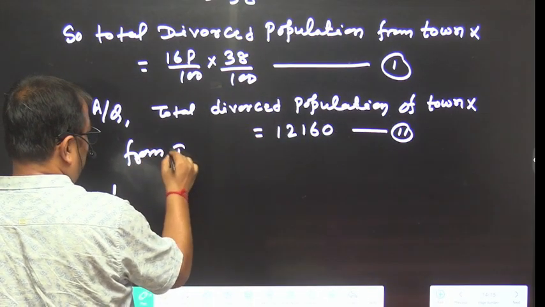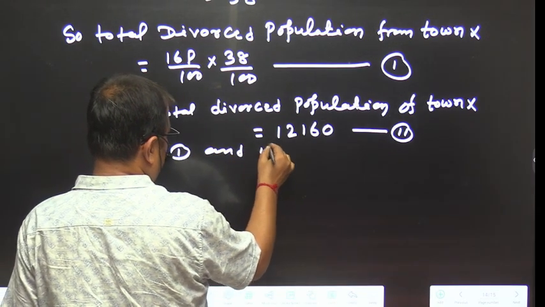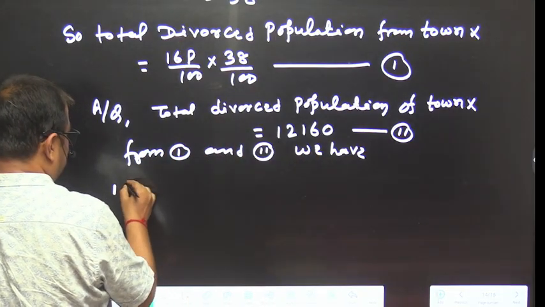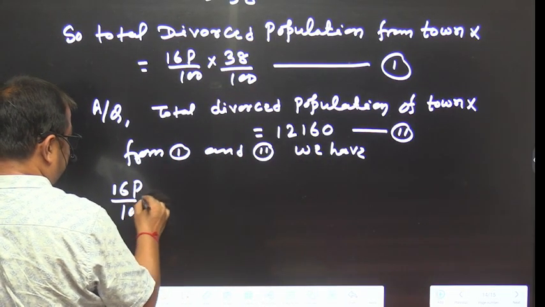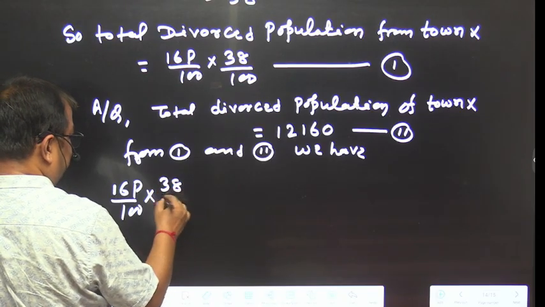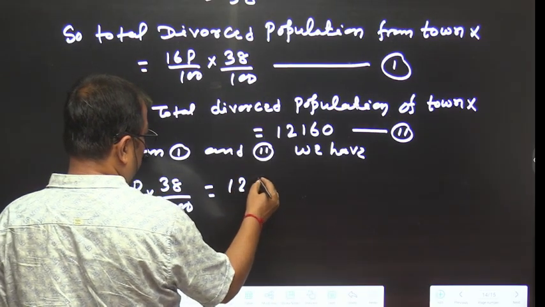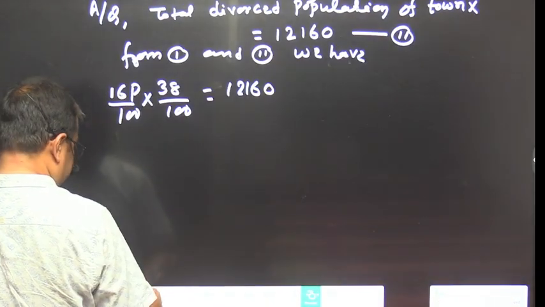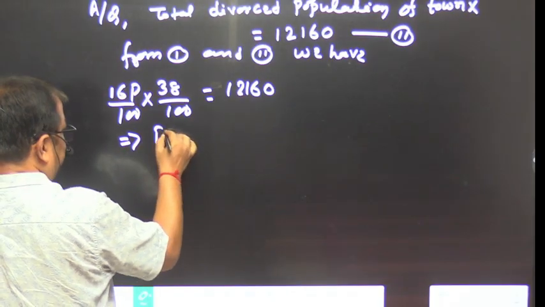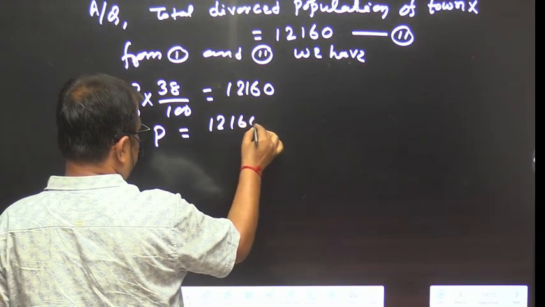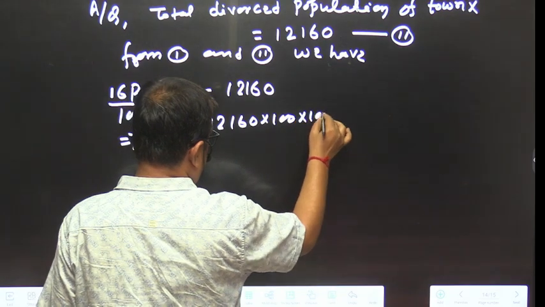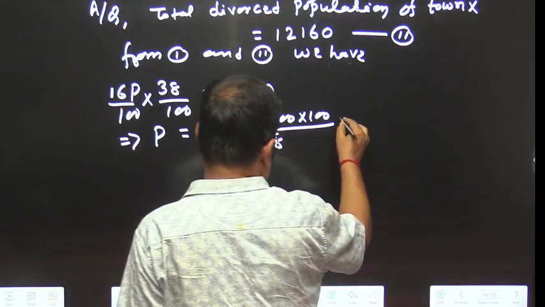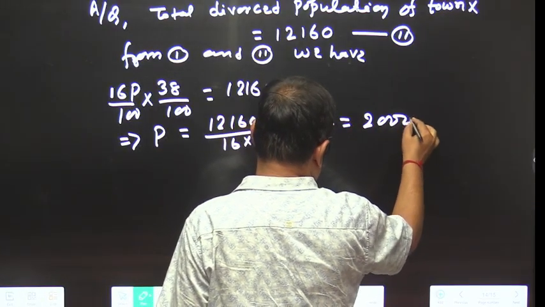From 1 and 2 we have 16P upon 100 into 38 upon 100 equals 1,2160. So P equals 12160 into 100 into 100 upon 16 into 38. The operation is done by calculator: 2 lakh.